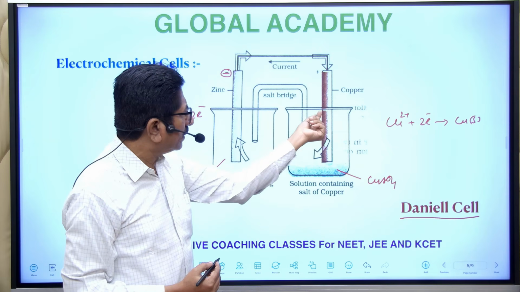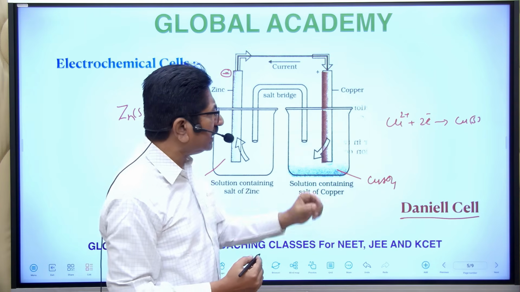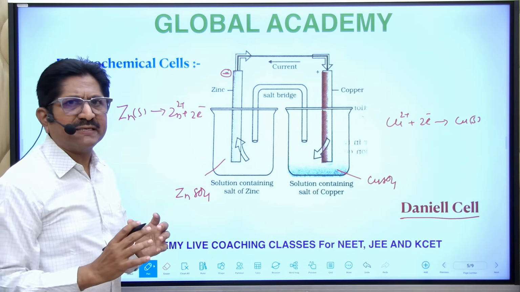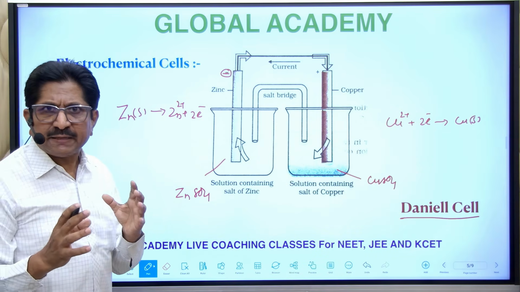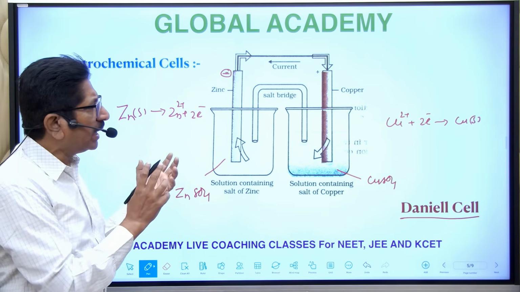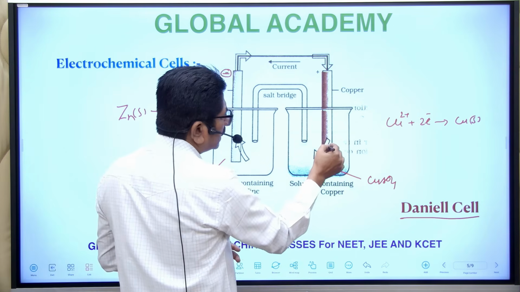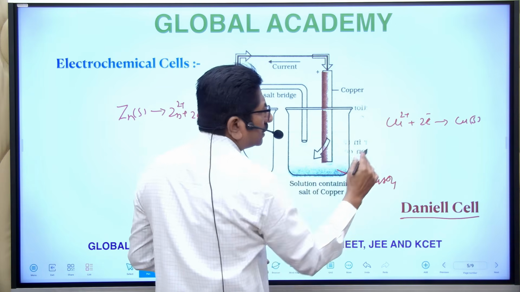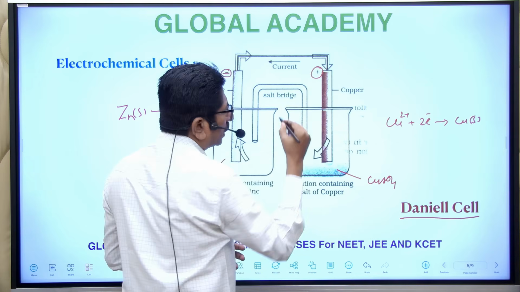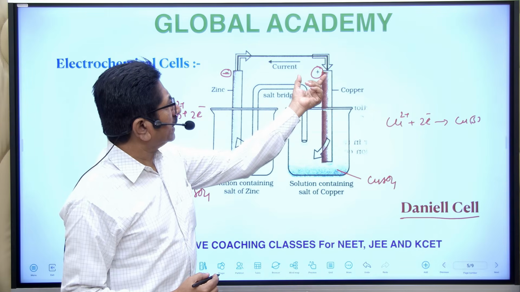You can see the dark color, that is the deposition of copper, and this is called reduction. These two take place simultaneously. Oxidation takes place at the zinc electrode and reduction takes place at the copper electrode. As the electrons are consumed at the copper electrode, it is called the positive electrode.